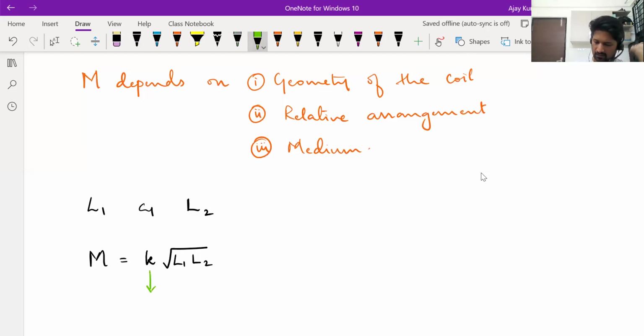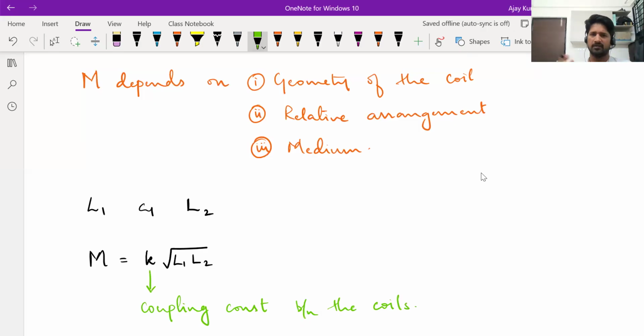And K is called the coupling constant between the coils. What do we mean by coupling constant? The flux produced by one coil, how much of it passes through the second coil?